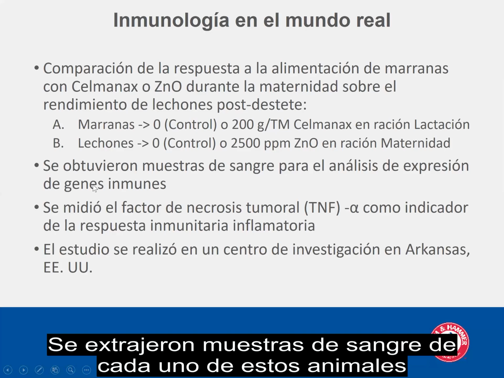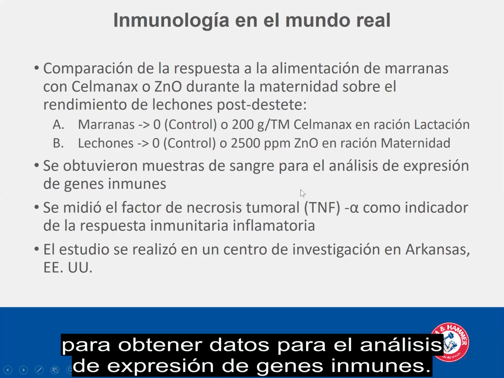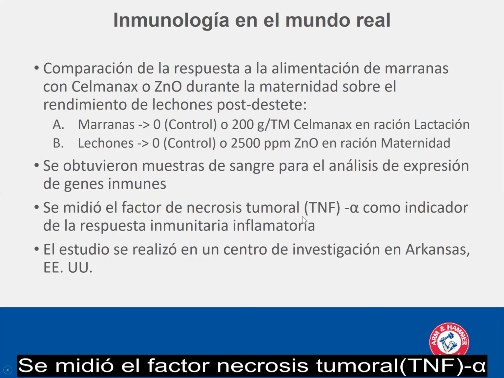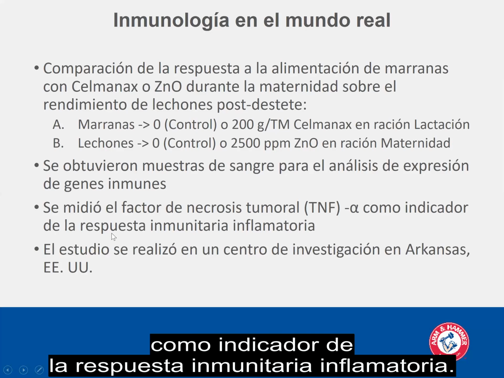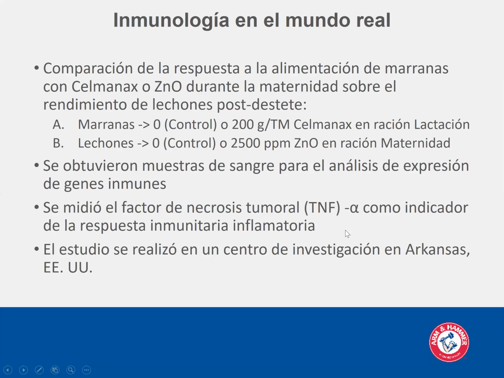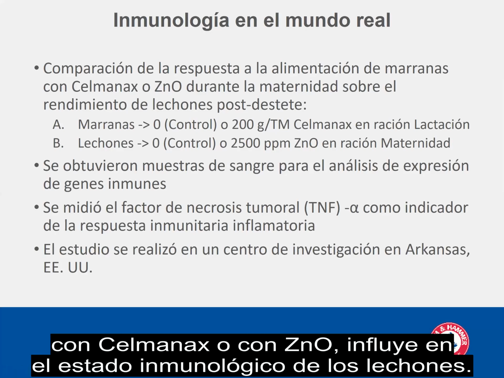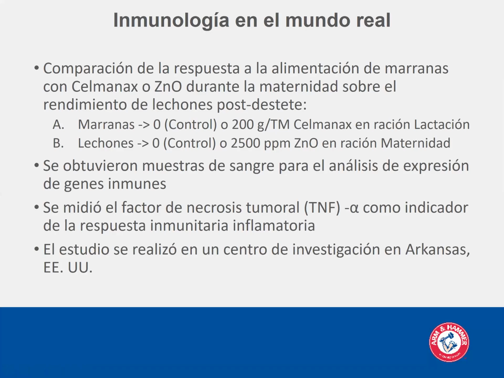We took blood samples from each of these groups of animals to obtain data for immune gene expression analysis. Tumor necrosis factor alpha was measured as an indicator of an immune inflammatory response. So we were looking at how these 2 aspects, Salmonex fed to the sow or zinc oxide fed to nursery pigs, impact the immunological status of the nursery pigs.